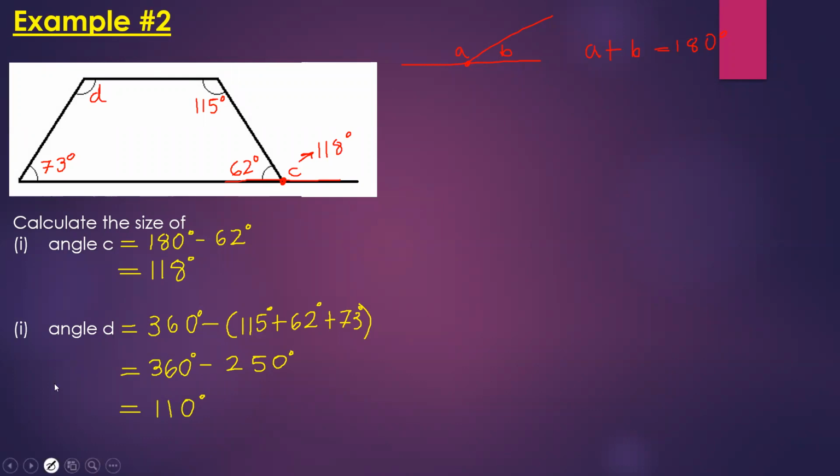No. So 360, we know that the interior angles of a quadrilateral add up to 360. Since it's a four-sided shape, we know automatically that the inside angles are going to add up to 360. That's the rule that I gave y'all last week. So that's why we use 360, to subtract from it.